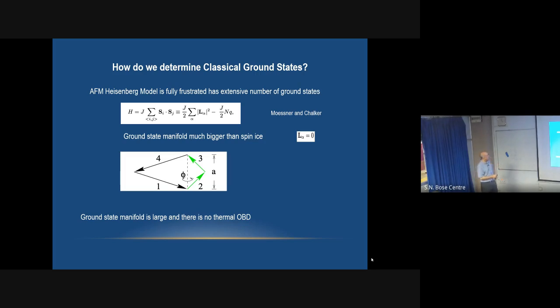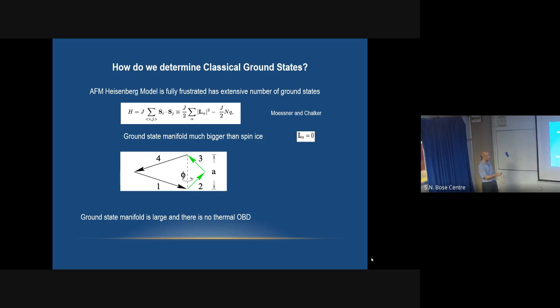So one place to start, for example, is the Heisenberg model, S_i·S_j. This model can also be written, because it's a sum over all nearest neighbors, as the total angular momentum squared on a tetrahedron. Apart from some additive constant, the model can be written in this way.